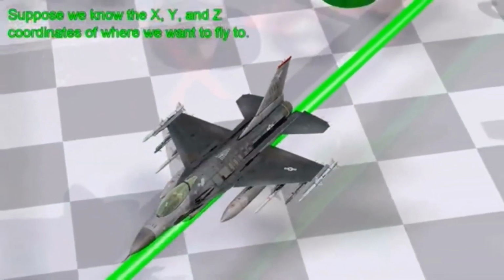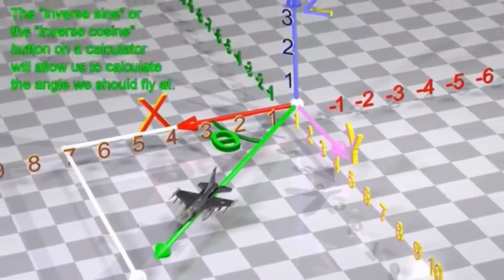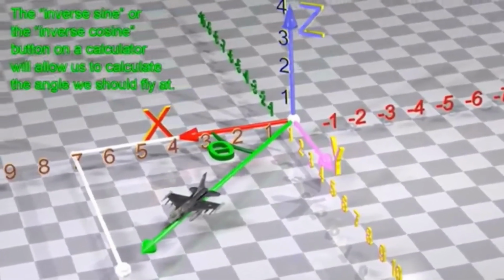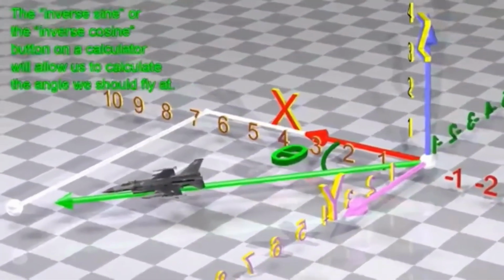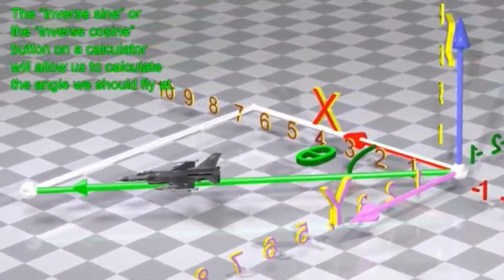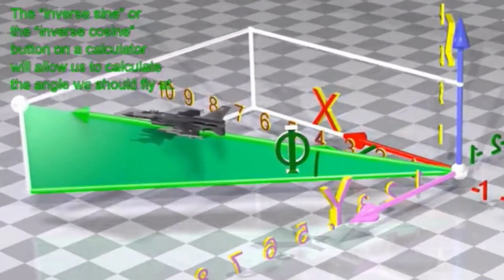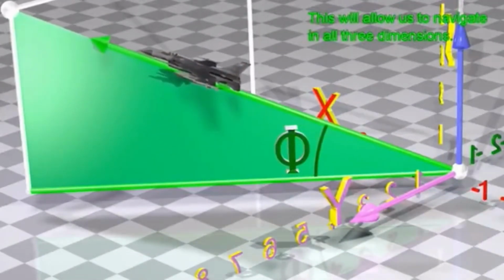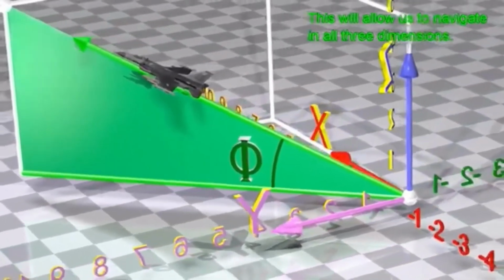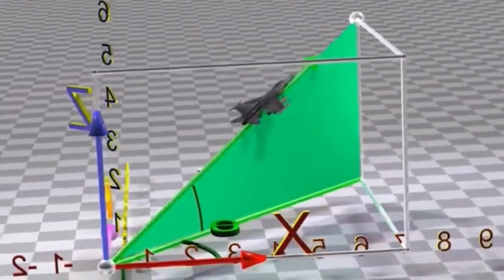The inverse sine, or the inverse cosine button on a calculator, will allow us to calculate the angle we should fly at. This will allow us to navigate in all three dimensions.